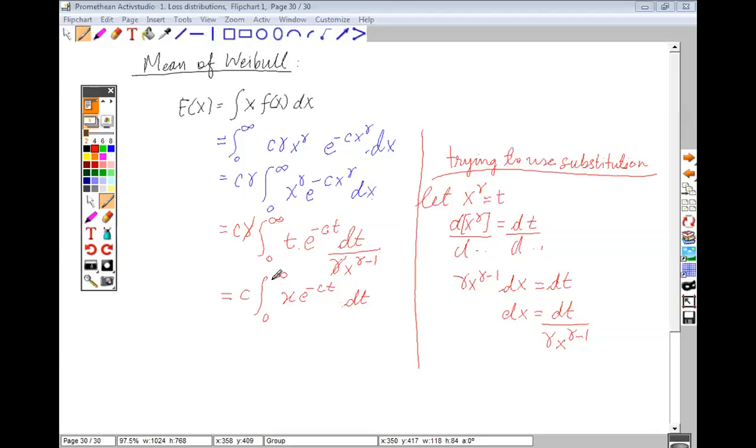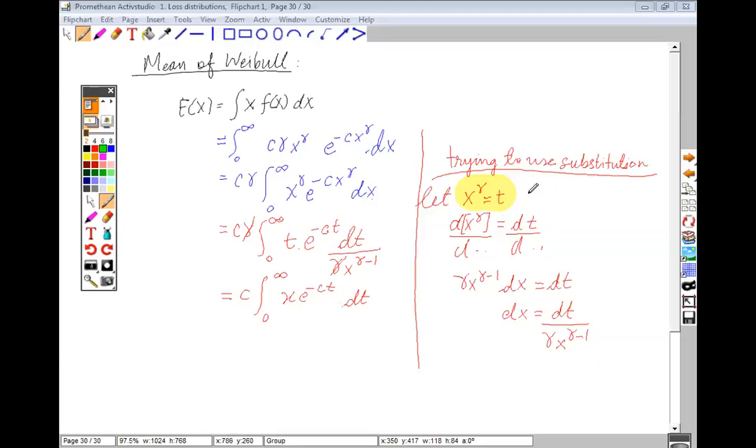Yes. So let us have a look at what we have here. So we have something like this. Now, can you still say the same statement, that if I change the value of t, my value of x won't change? Do you still agree with that? So I have my t, which is equal to x raised to gamma, right?